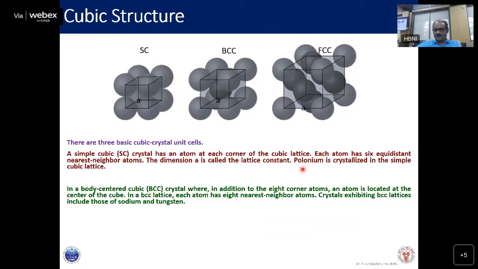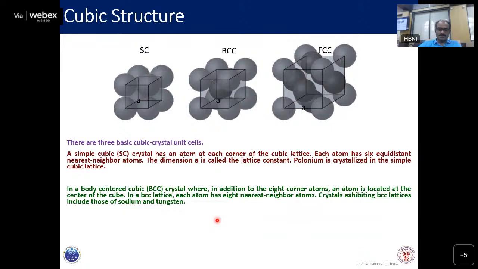Only a very small number of materials crystallize in the simple cubic structure. Polonium is one such material. In body-centered cubic, there are a lot of elements which crystallize in BCC, but they are fewer than FCC.